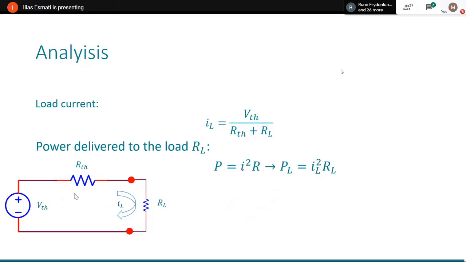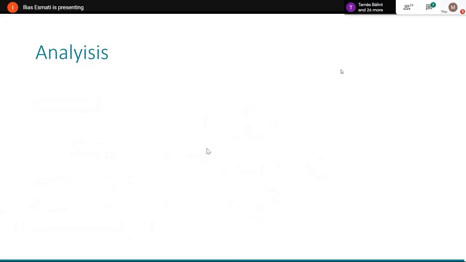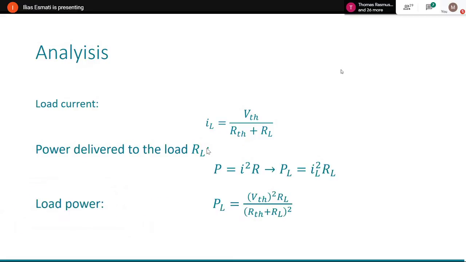Again, for those of you who have missed, our mission is to transfer maximum power to the load, so there's no loss when we connect our load. Okay. So the equation was this one: V Thevenin squared times RL divided by R Thevenin plus RL squared.